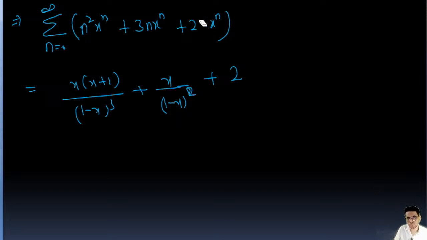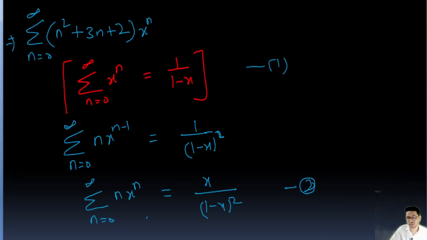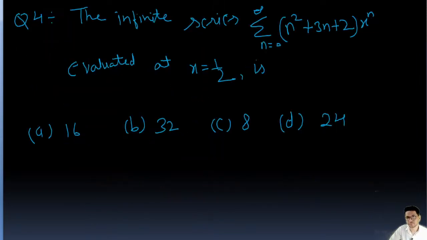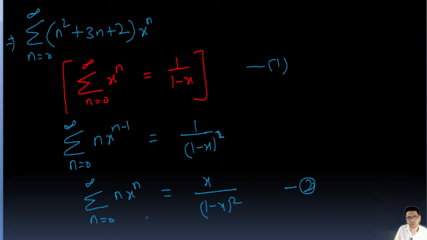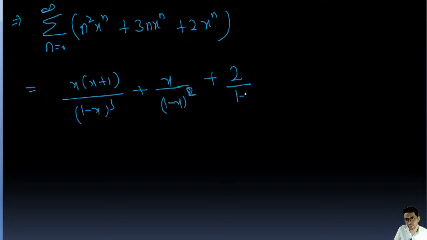It is just 2x to the power n, because this is the question, right? Just 2. So sigma 0 to infinity x to the power n value is 1 by 1 minus x. So this is going to be 2 upon 1 minus x, right? So this value is this.